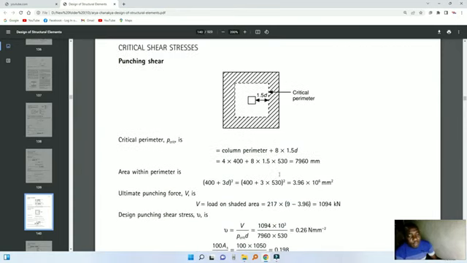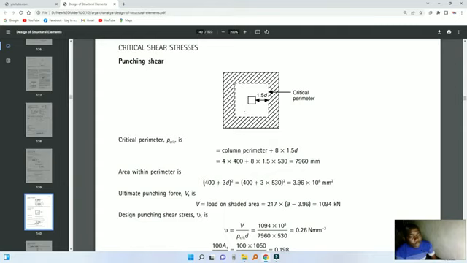Now when we have a perimeter, there is an area within the perimeter. Okay, the area within the perimeter is the area within this thing. So it's going to be 1.5D, 1.5D, which is 3D, plus this one.